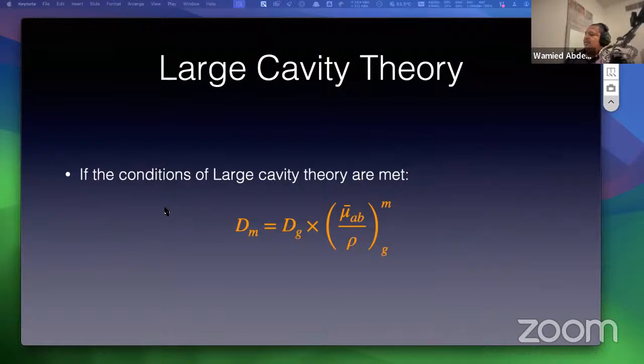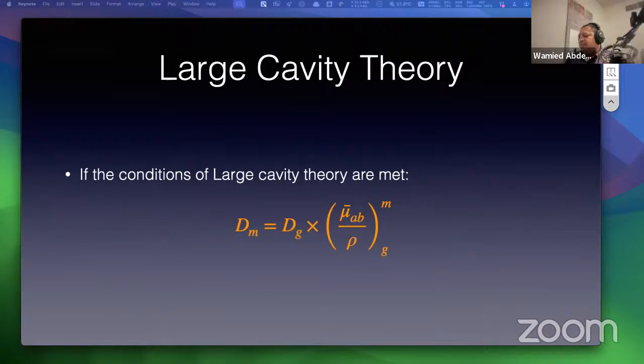So if the two conditions of the large cavity theory are met, remember, the dose is deposited from electrons generated within the cavity and no electrons from the medium contribute to the dose in the cavity. And the second condition is that the presence of the cavity does not perturb the fluence.